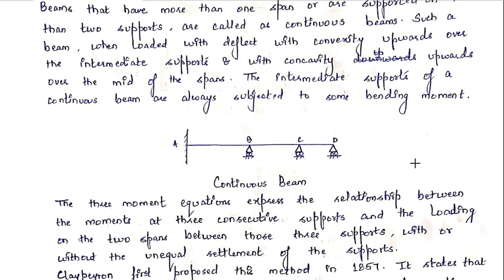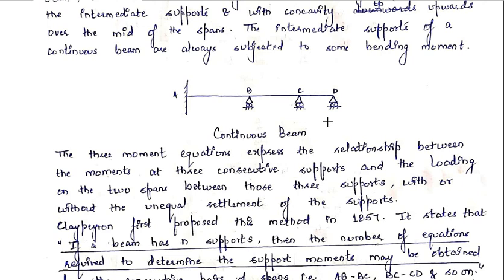Now, what we do, we find out the relationship between the moments at three consecutive supports and the loading on the two spans between these supports. See, if you will look at this diagram, you will see that there are four supports. So what we do in three moment equation, we take any three consecutive supports.